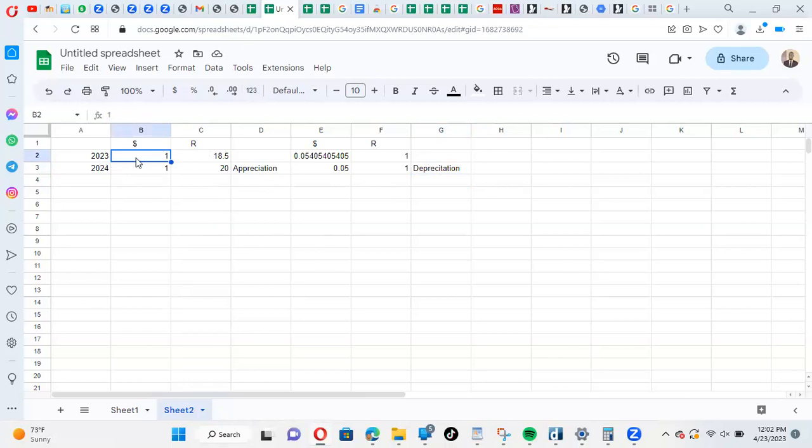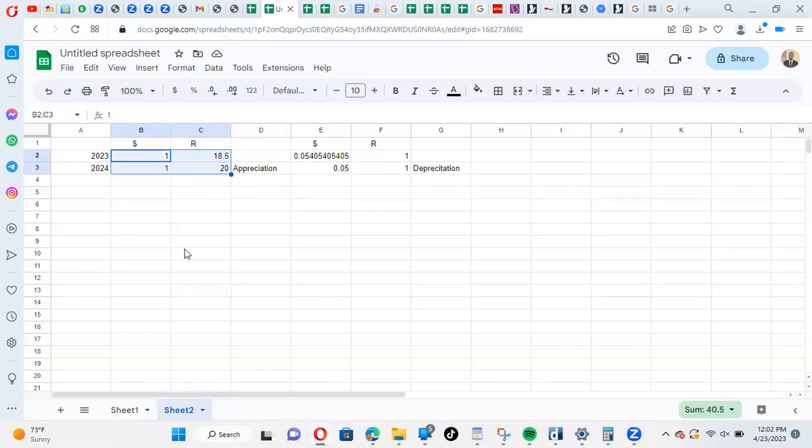If you look at 2023, since we normally use this kind of quotation, if in 2023 it was $1 to 18.5, and in 2024 it went up to 20, then it basically means the dollar is appreciating. So that should mean the rand is depreciating. They could give you a situation that looks like this.